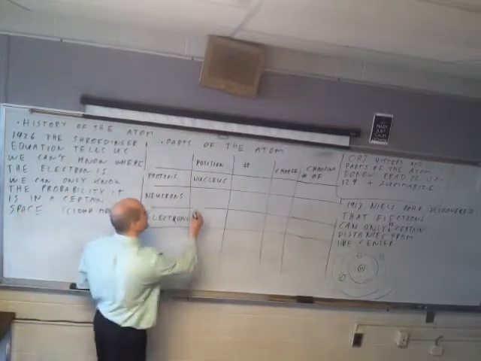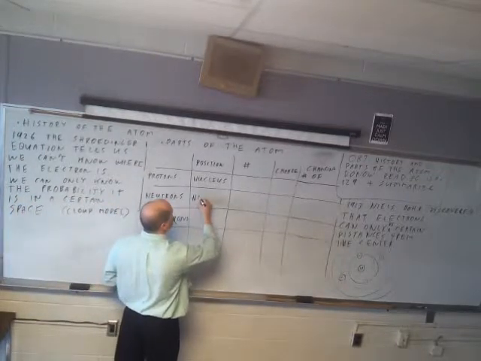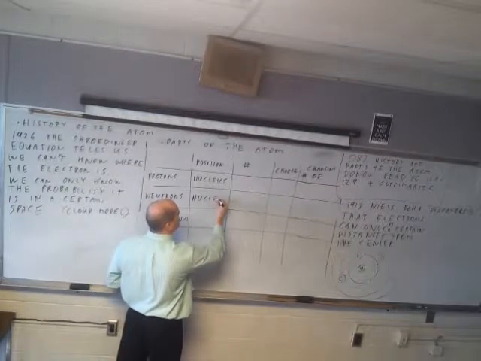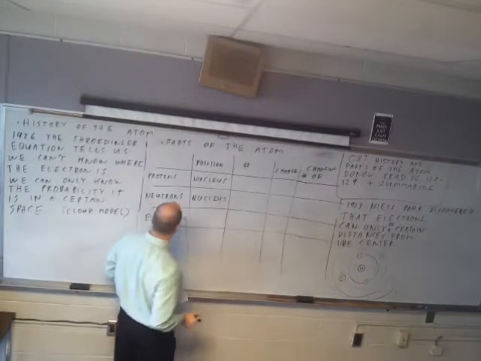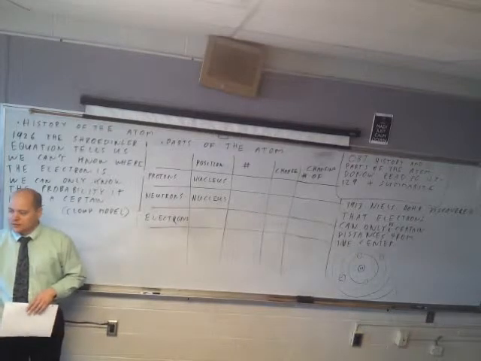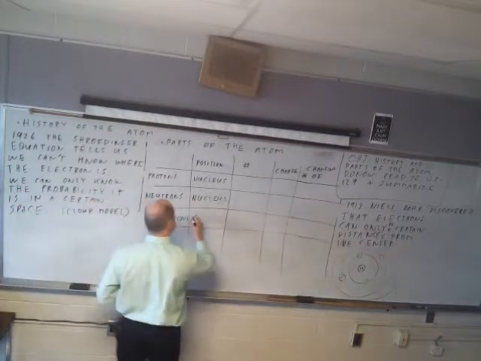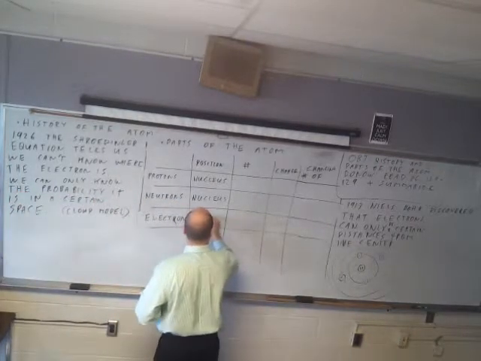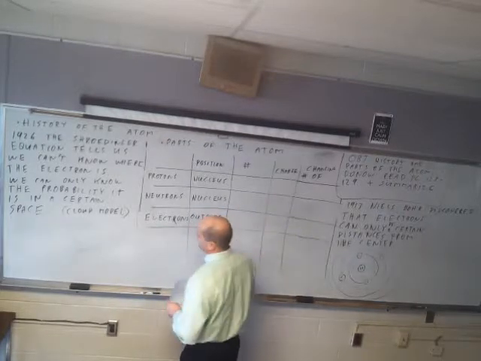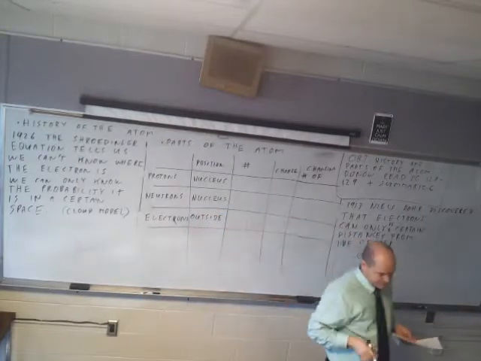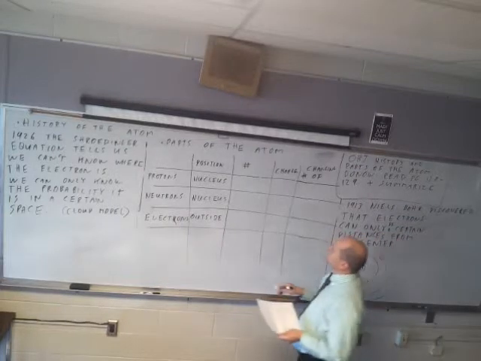Nope, they're also in the nucleus. So the protons and neutrons are packed into a tiny little space in the center of the atom. And then the electrons, those are on the outside. So in the ring, we'll just say outside. So really the outside of the atom is the electrons. That's all there is.